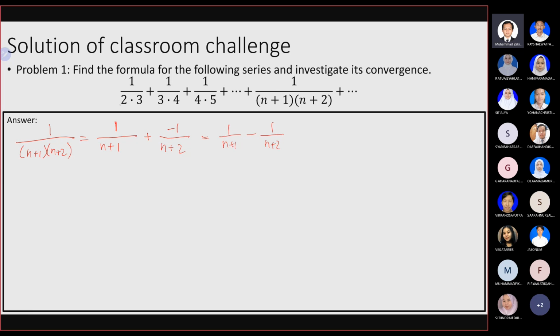So from this guy, let's say this is equal to alpha. Then we have alpha is 1 over 2 minus 1 over 3, then plus 1 over 3 minus 1 over 4 plus 1 over 4 minus 1 over 5 plus so on.